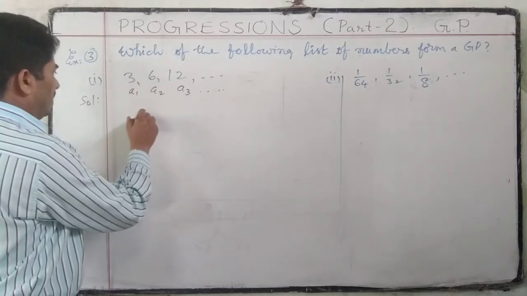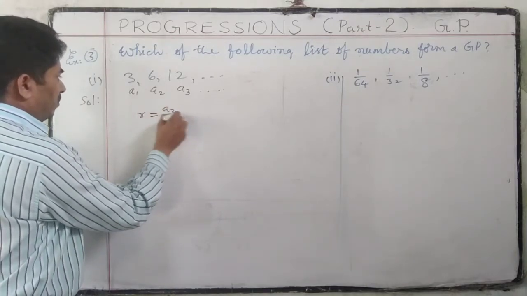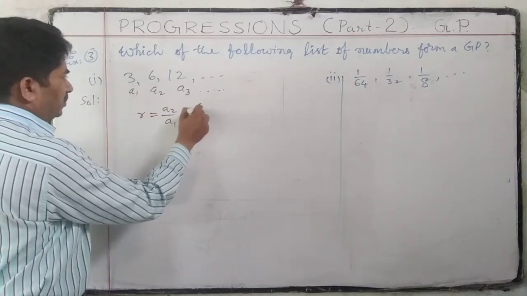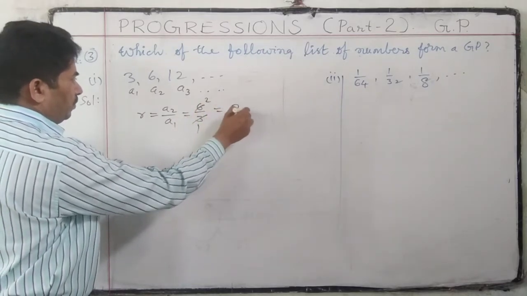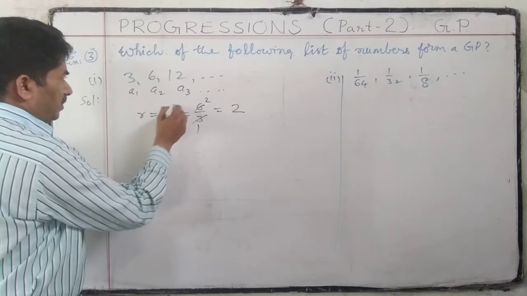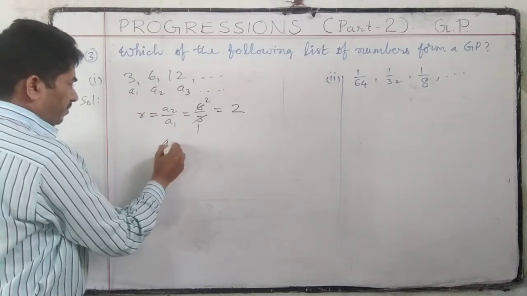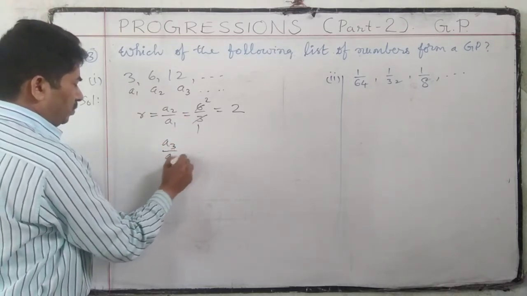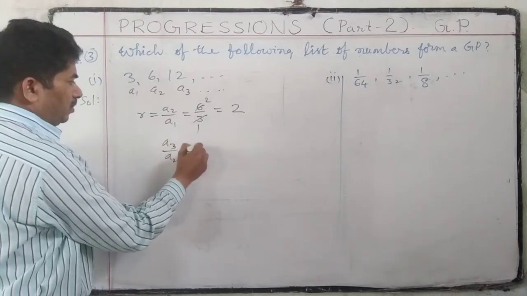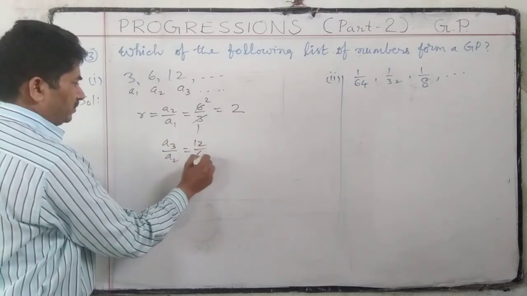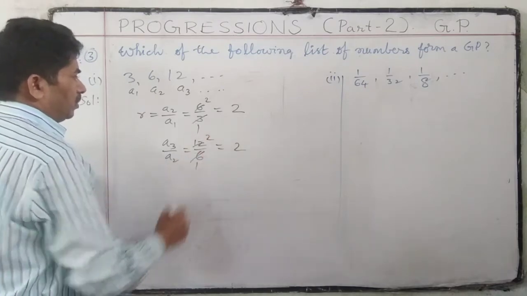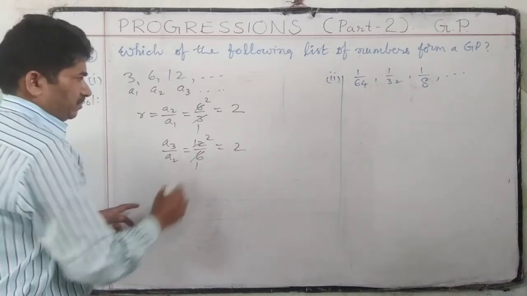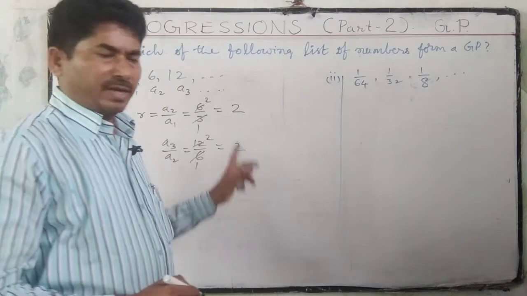Common ratio r is equal to a2 by a1, 6 by 3, 3 ones are 3, 3 twos are 6, so 2, and a3 by a2, 12 by 6, 6 ones are 6, 6 twos are 12, so 2. So like this, all common ratios are equal.